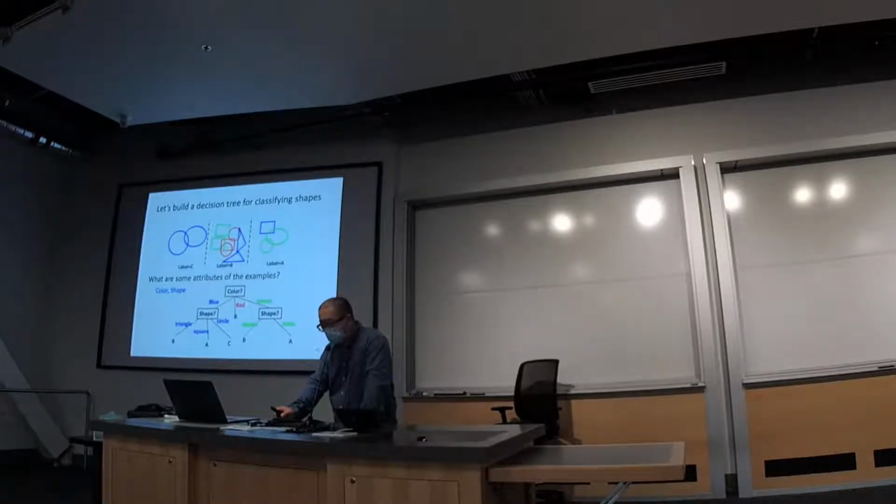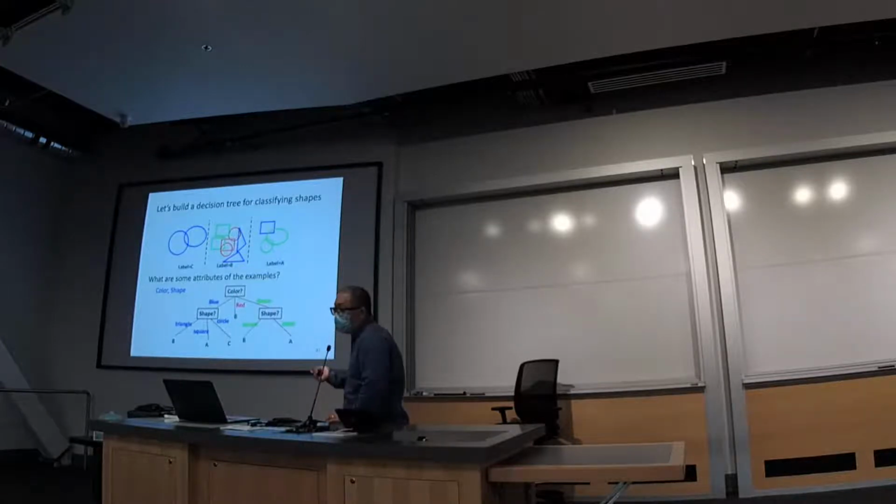That relates to how you construct the tree, which we will get into later. But let us just assume you are given a tree. How do you use that tree to make a prediction for new examples? Just like you said, we can start from the root node and look at the feature, and then look at the testing branch.